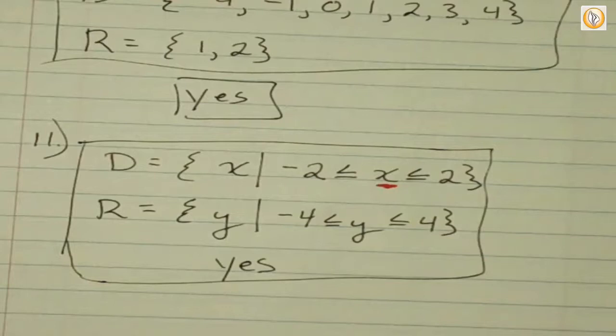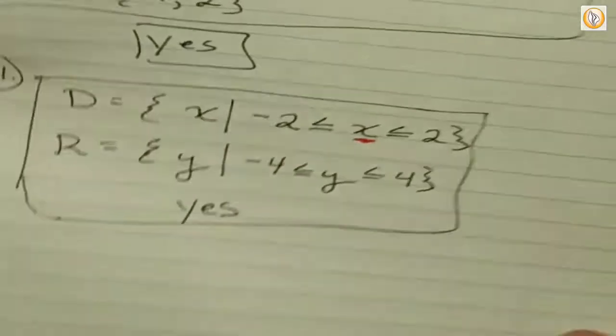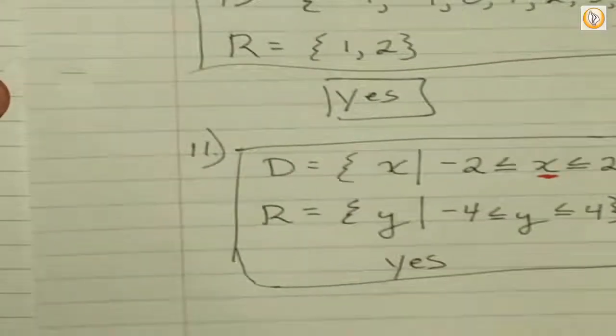All right. Let's look at 13. Represent each function as a set of ordered pairs and graph the function.